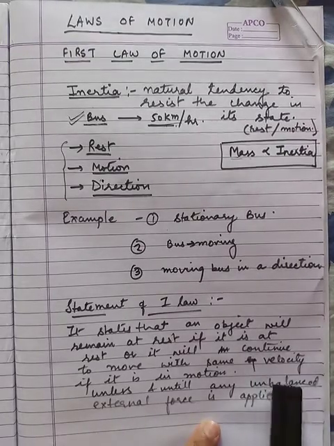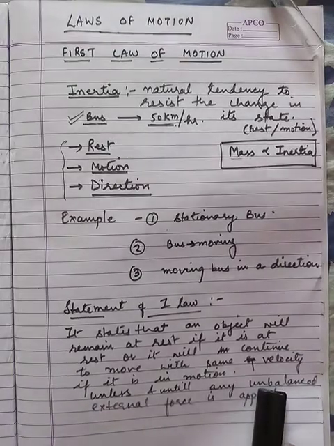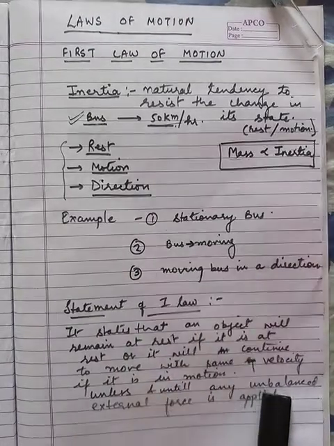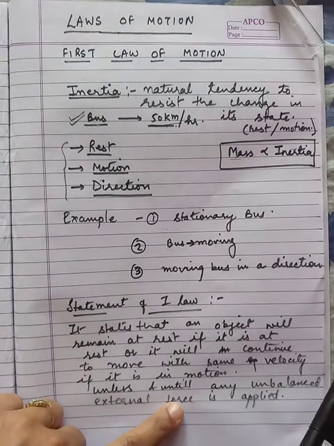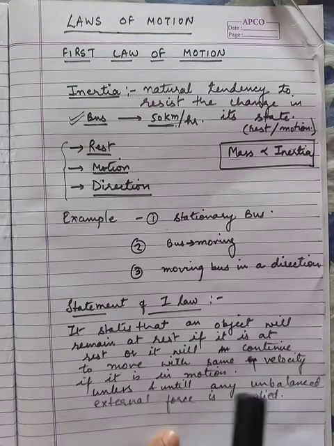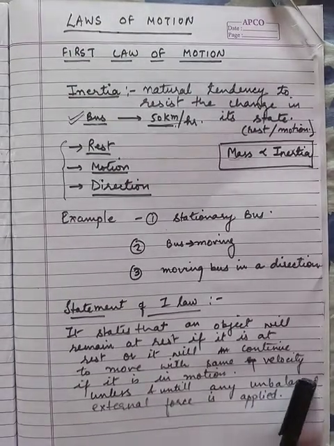We have understood in balanced and unbalanced forces that unbalanced forces are the only forces that will change the state of the object, and balanced forces will not change the state of the object. So that is why we have written here unbalanced external force, right?